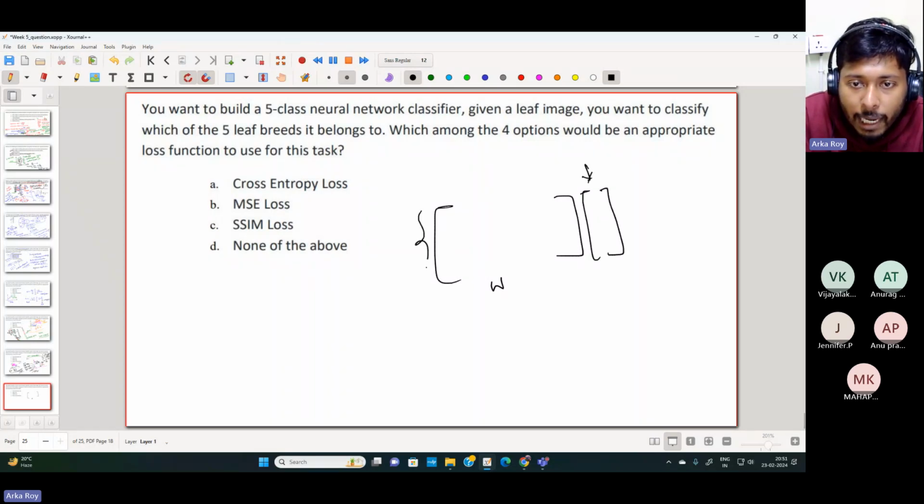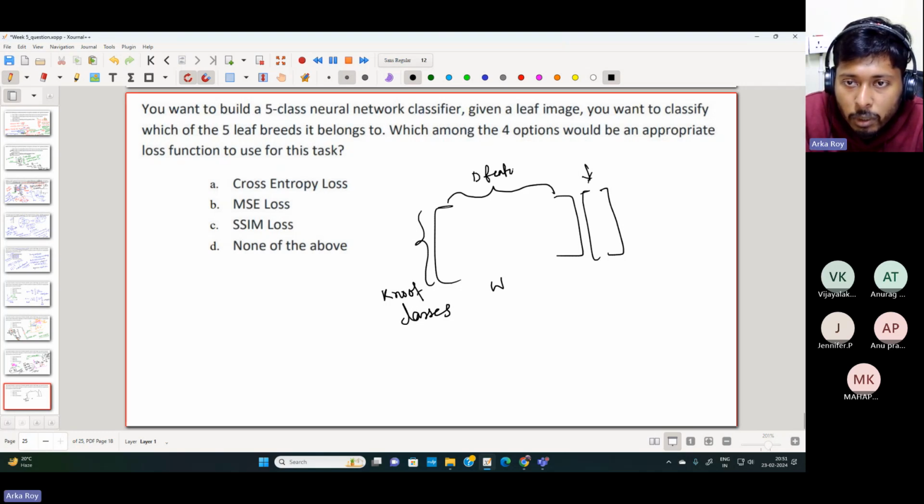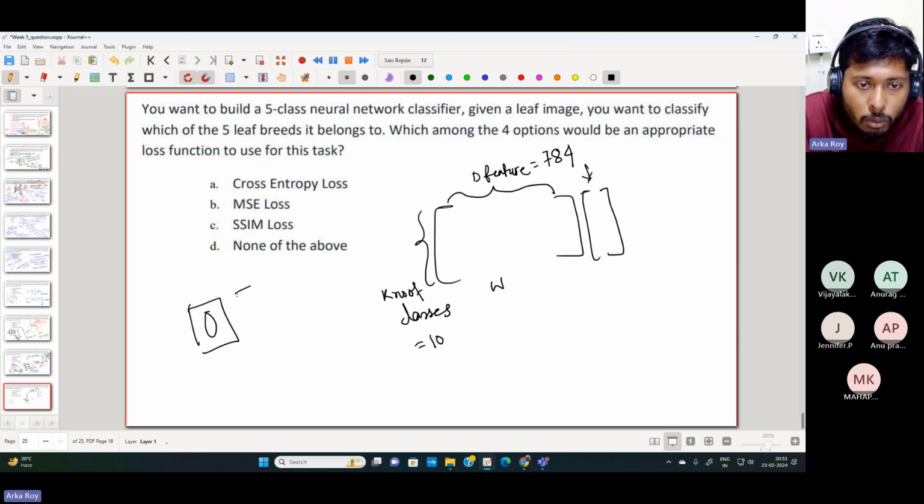If you have, let's say, k number of classes, and for each class you have d number of features. In our case, we have 784 features and 10 classes, because the dataset comprises 0, 1, 2, up to 9.